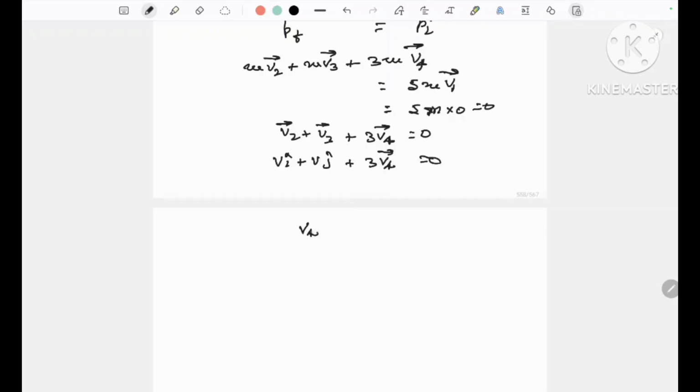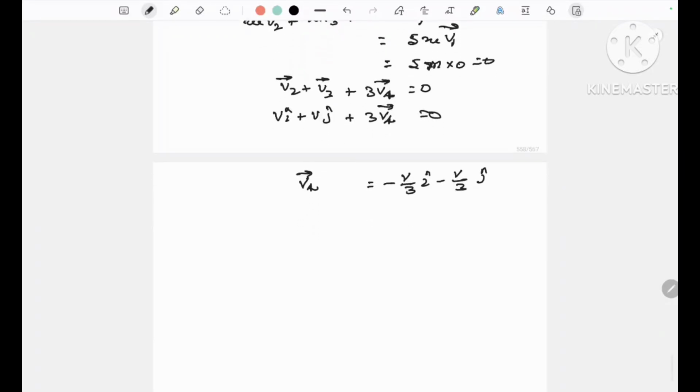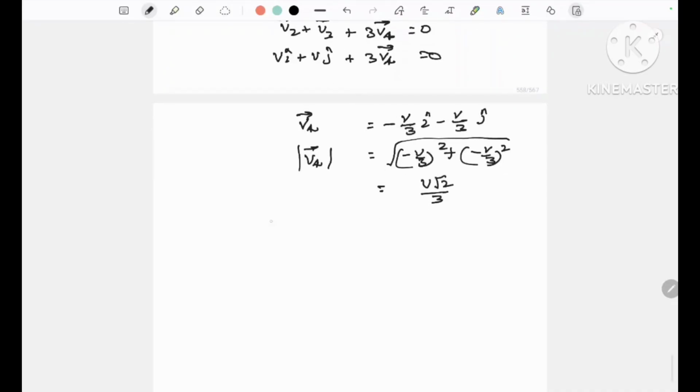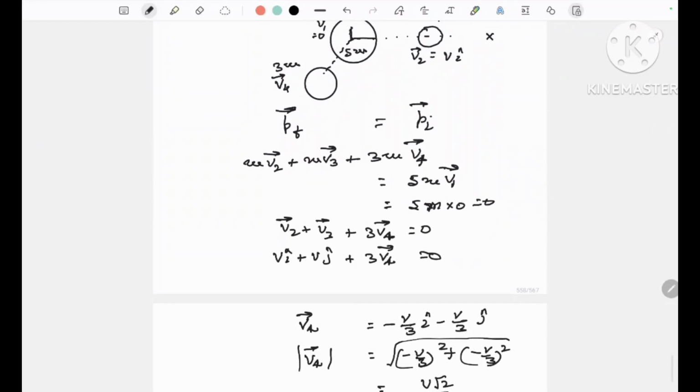So v4 will be equal to minus v by 3 i cap minus v by 3 j cap. So magnitude of v4 will be the square root of (minus v by 3) square plus (minus v by 3) square, which is v root 2 by 3.